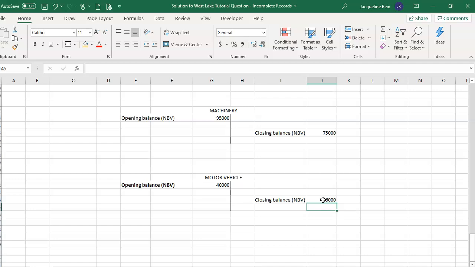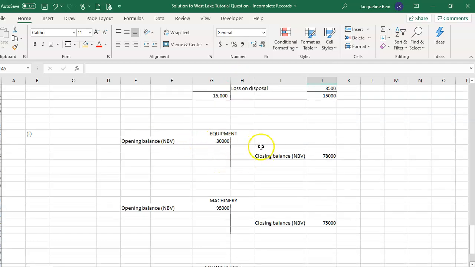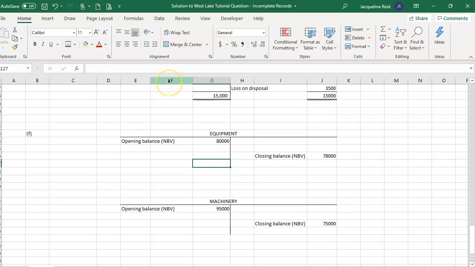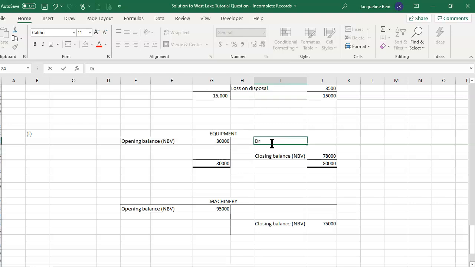But let me focus on the equipment and the motor vehicle first, because they're straightforward. For the equipment, the falling value is attributable to depreciation. So it means, therefore, that the credit side must total to 80,000, and so depreciation expense is the reason for the fall.